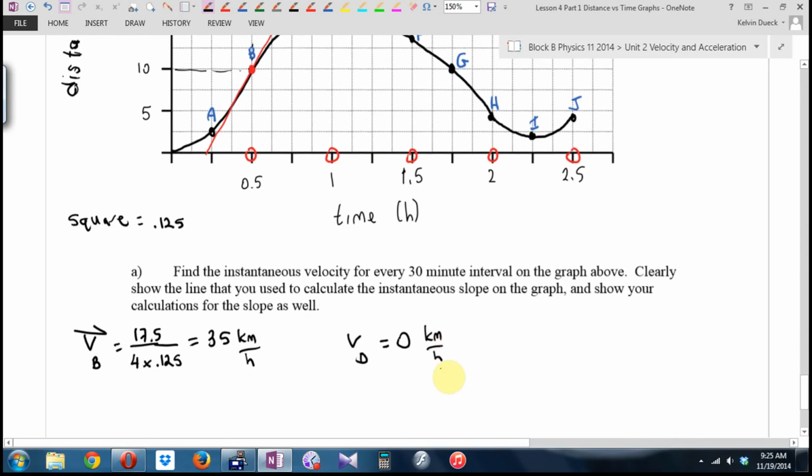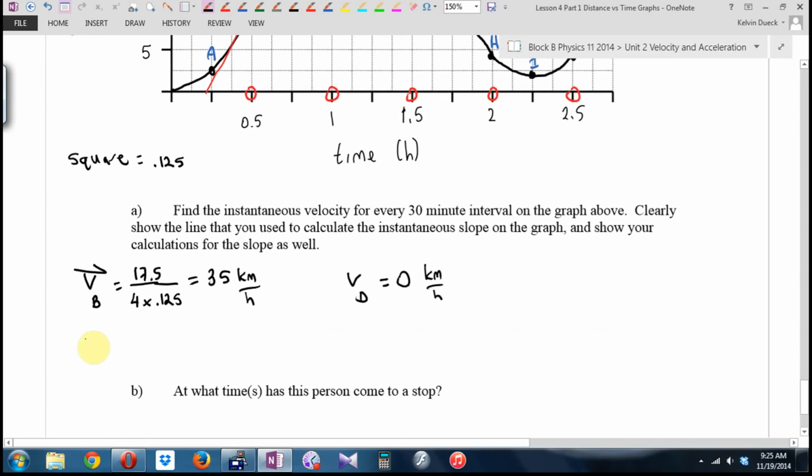So try doing on your own velocity at f, and I'll do it. I'm going to freeze the screen. I'll do it up here. Let's see if we get close to the same answer. And by close, for velocity at b, I'd probably take almost anything between 30 and 40 kilometers per hour, because you're laying your ruler down.